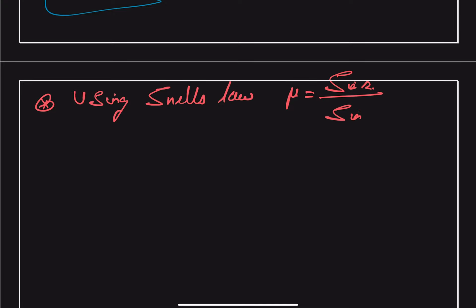So we can say, using Snell's law, we have that refractive index mu will be equal to sine of R divided by sine of I, and sine of I, that is sine of theta, is given to us, that is our 0.8.